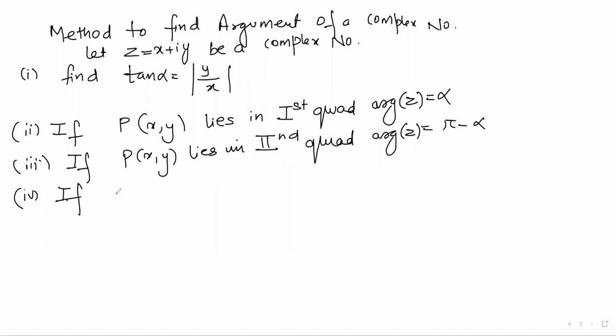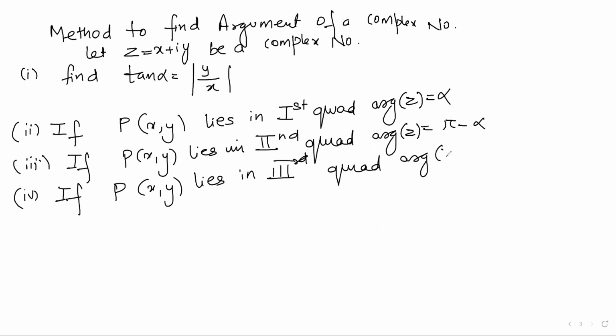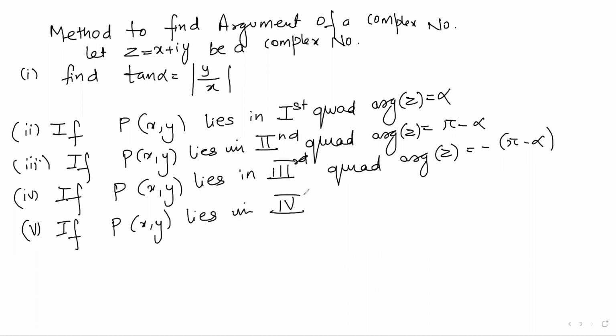If this point lies in the third quadrant, then argument of z is equal to minus pi plus alpha. And fifth one, if this point P x comma y lies in the fourth quadrant, then argument of z is equal to minus alpha. Okay, please note down this, and in the questions I will explain how you need to solve this.